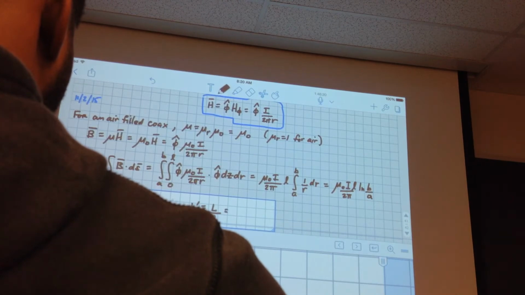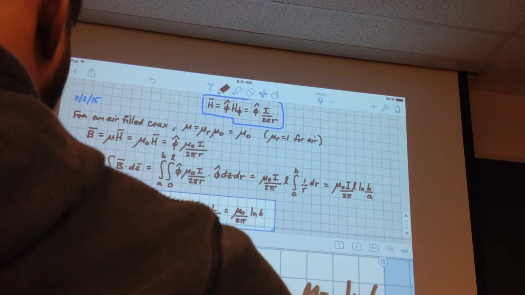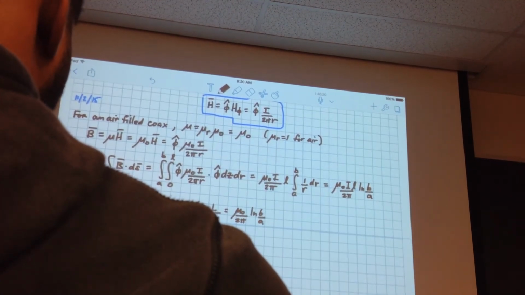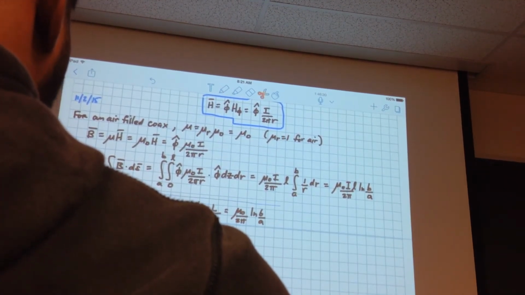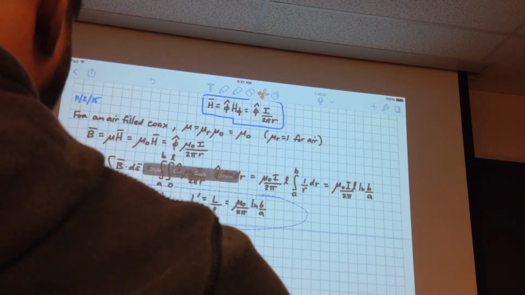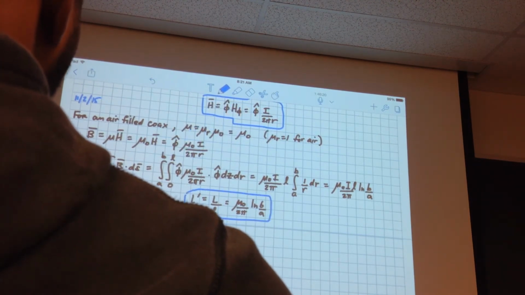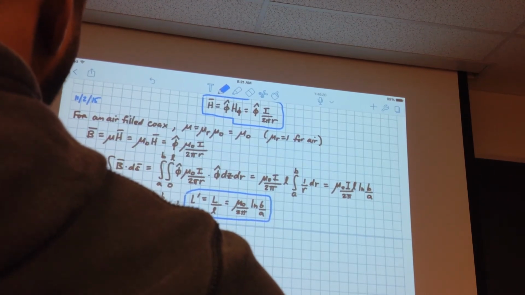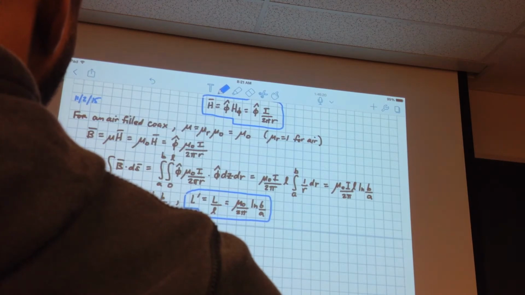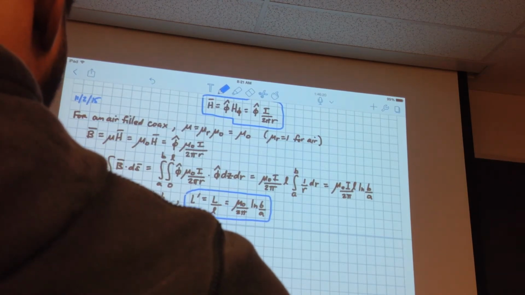So the inductance per unit length is mu naught divided by 2 pi times the natural log of b over a. And this is somewhat intellectually satisfying because we took this equation for granted in chapter 2, but here we are deriving it from first principles. Okay, so this is the AC, or high frequency, inductance per unit length of the coaxial cable.